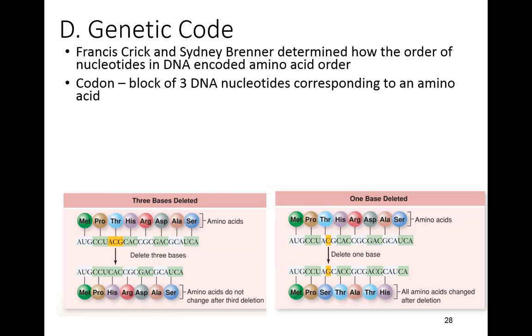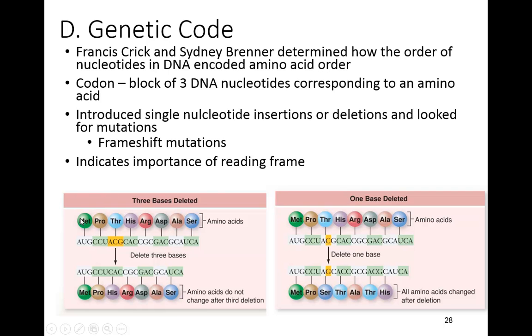So the genetic code: Francis Crick and Sydney Brenner determined how this code led to the amino acids. A codon is a block of 3 nucleotides corresponding to an amino acid. So if you see here, you have AUG, adenine, uracil, and guanine. This codes for the amino acid methionine.